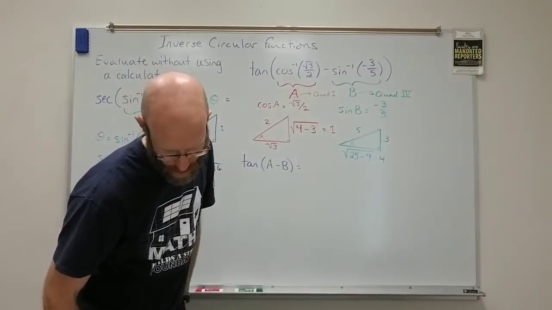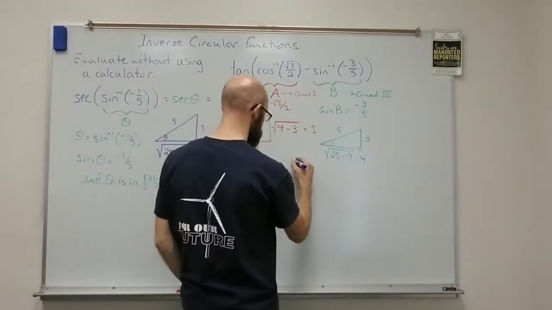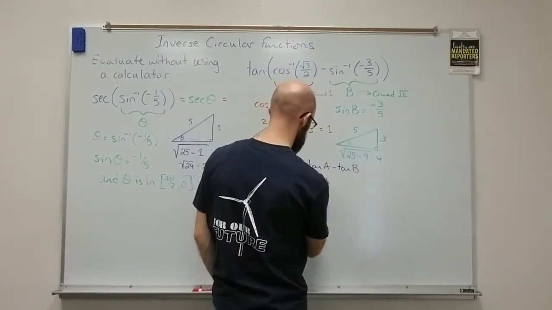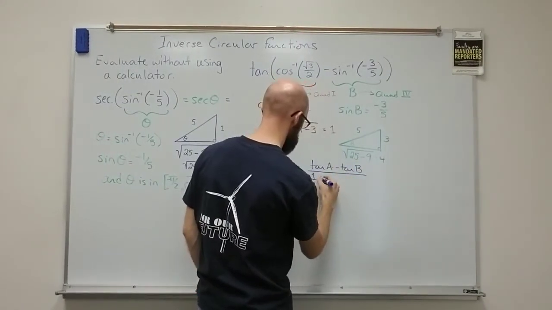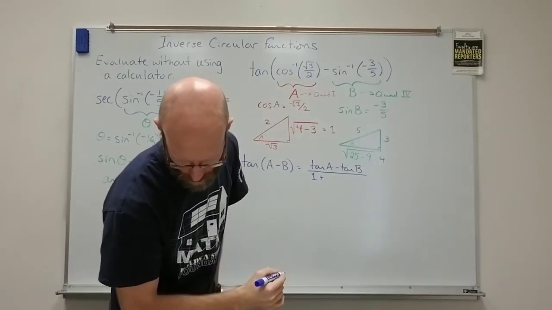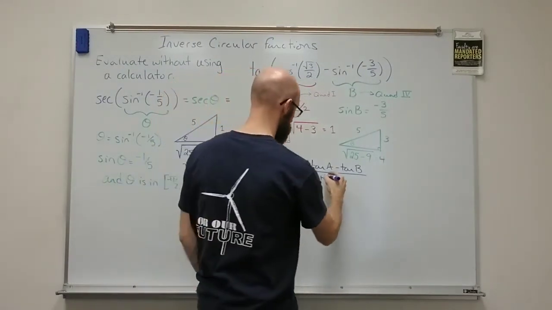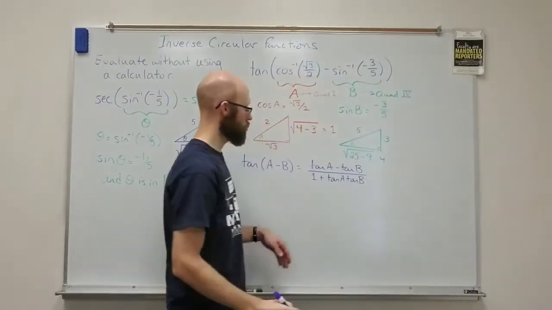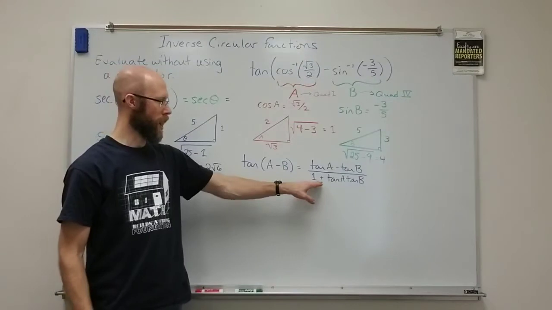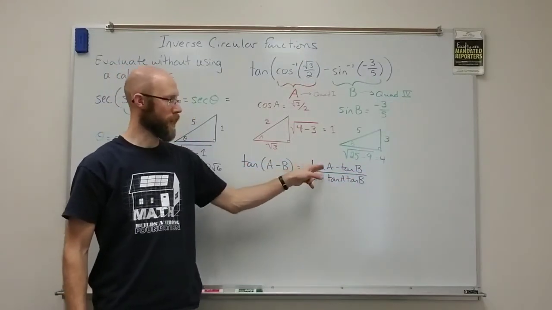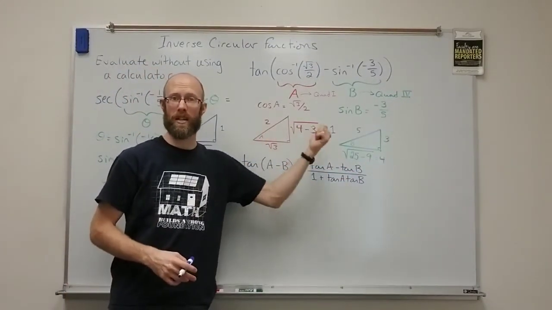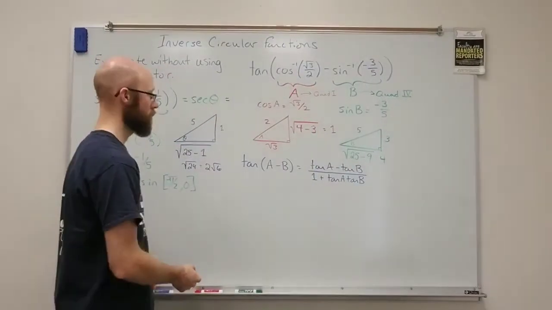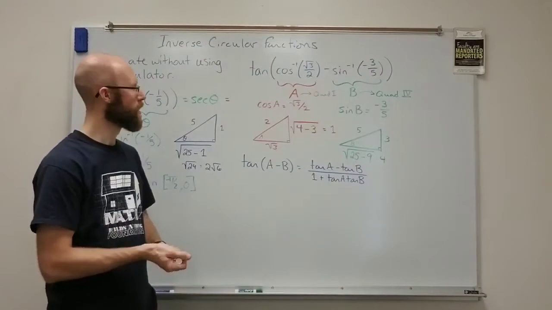And it is the tangent of A minus the tangent of B all over 1 plus, if I'm not mistaken, tan A tan B. So in order to evaluate this, I need to use my formula here with the tangent of A and B. So I just have to find the tangent of A and B off of these triangles and plug them in and simplify. Sounds simple enough, but it isn't.